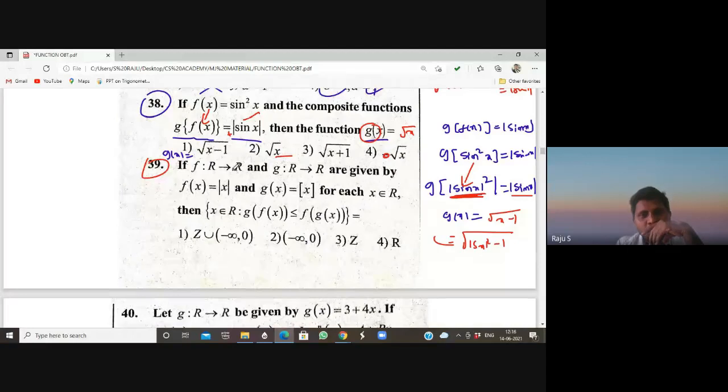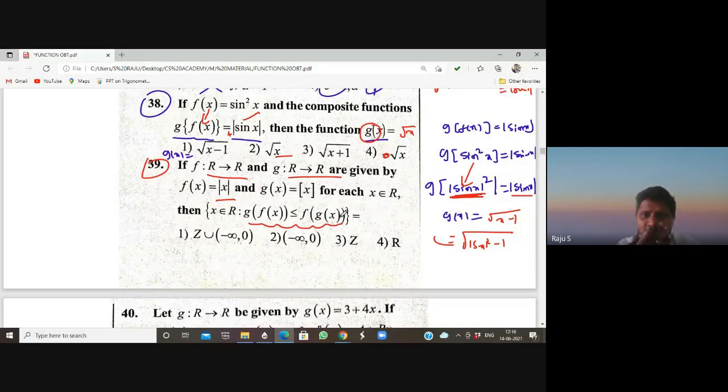Question number 39. They define the function from R to R, g also R to R. Domain is real numbers, codomain is real numbers. Given by g of x is modulus x. Sorry, f of x is modulus x. g of x is the greatest integer function. And they also gave a condition.